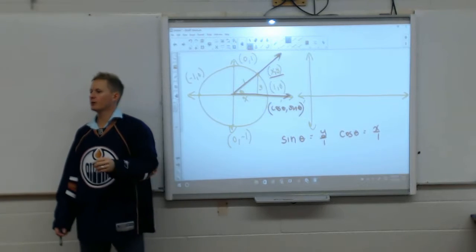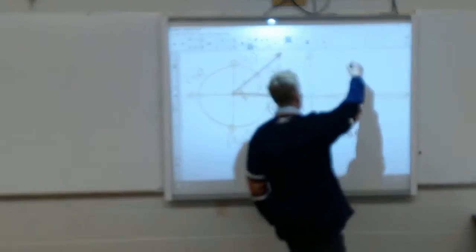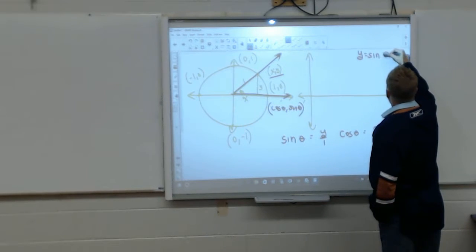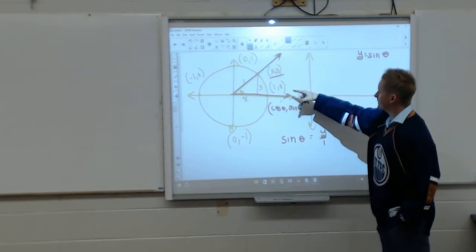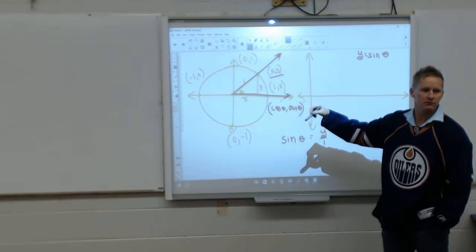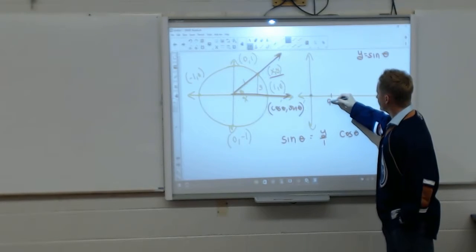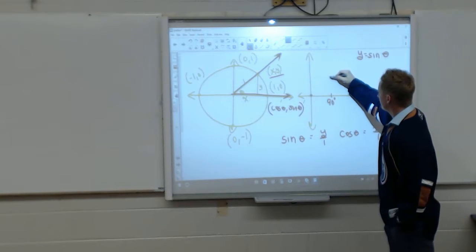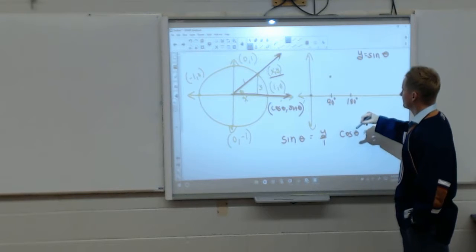So what I'm going to do is I'm going to graph this ratio. I'm going to graph this graph of y equals sine theta. Okay? At 0 degrees, what is the sine ratio? 0. At 90 degrees, what is the sine ratio? 1. At 180 degrees, what is the sine ratio? 0.